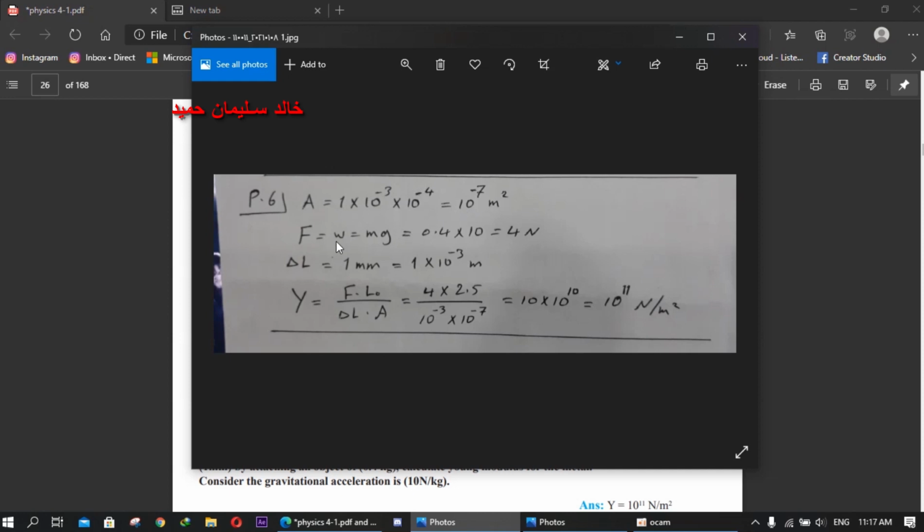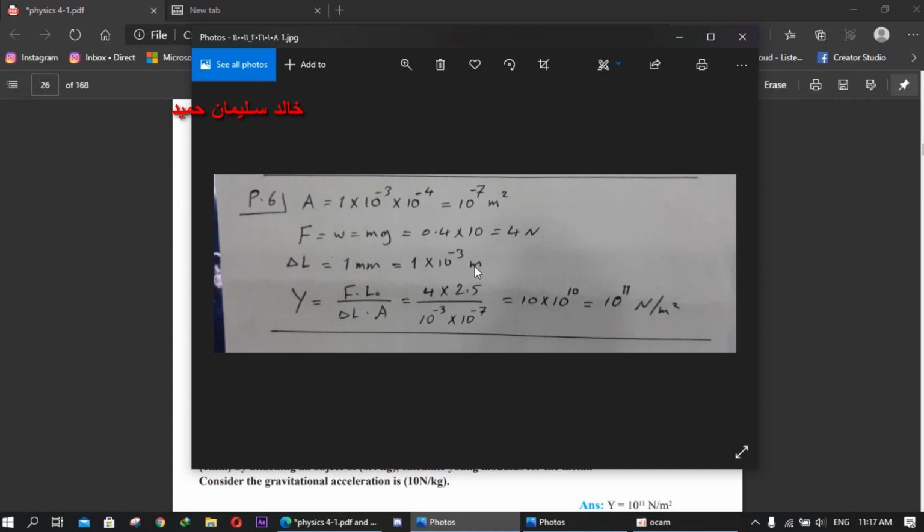F is equal to the weight, which is equal to mass times the gravitational acceleration g. So it's equal to 0.4 times 10. This gives 4 Newton. The elongation delta L is 1 millimeter, which is equal to 1 times 10 to the minus 3 meter.